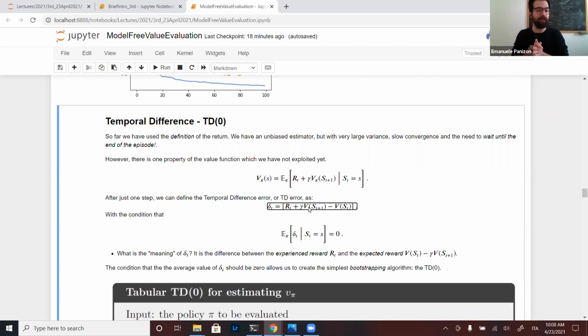The temporal difference takes the instantaneous reward plus gamma V, the one-step return, and tries to assign it to the value.